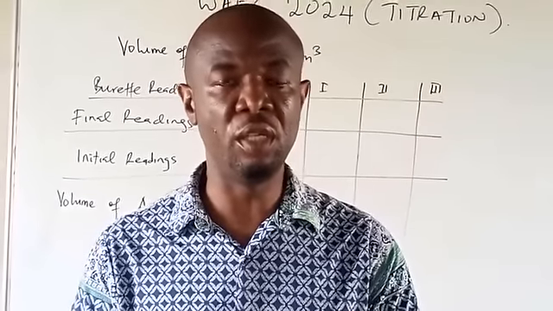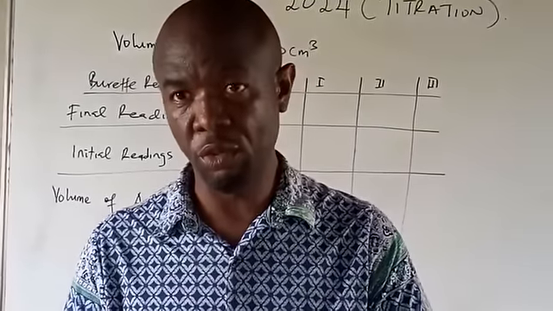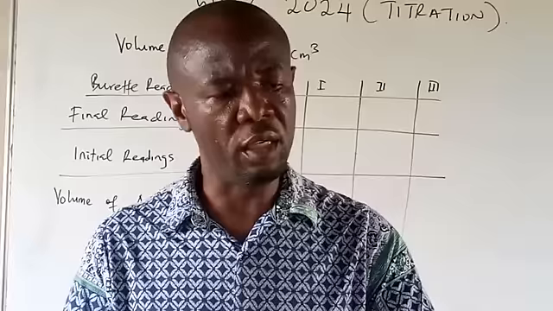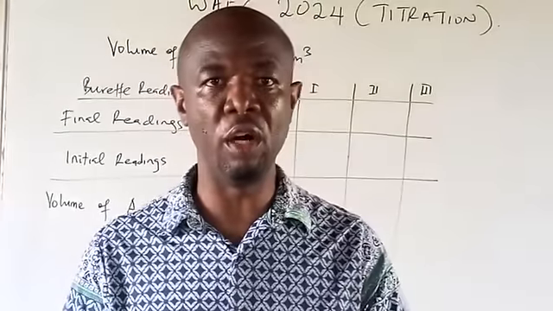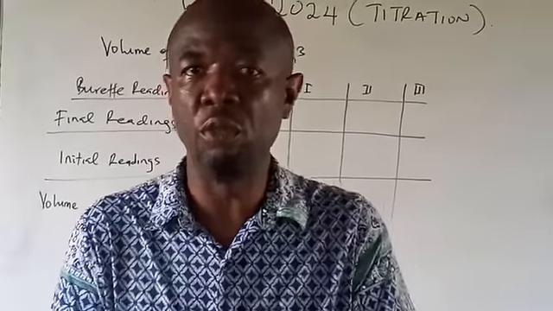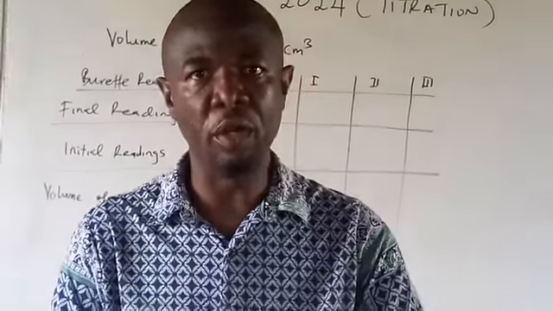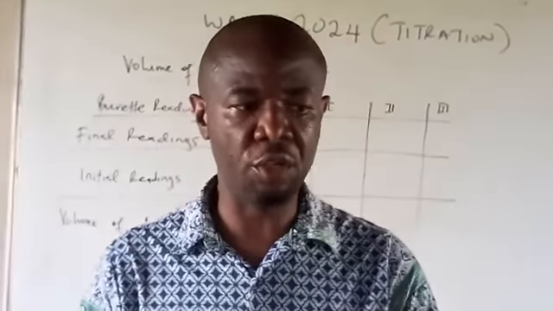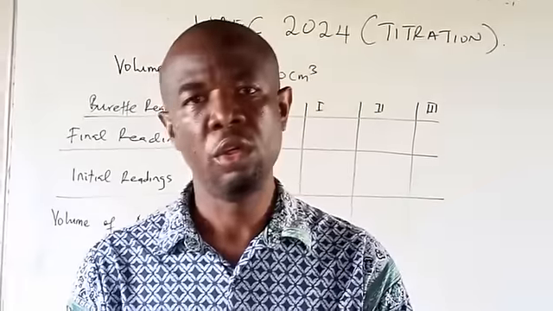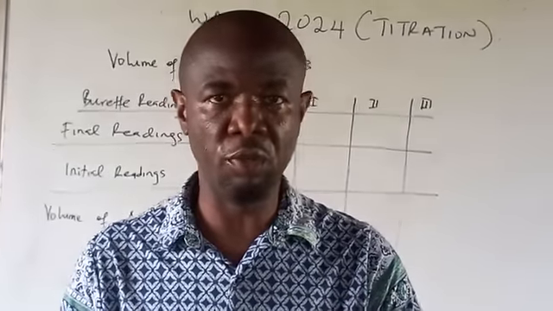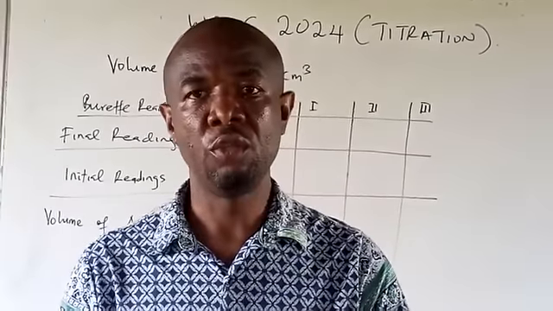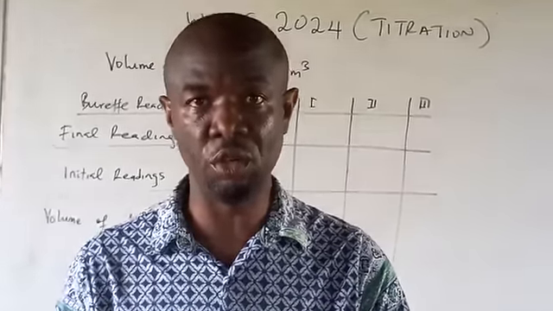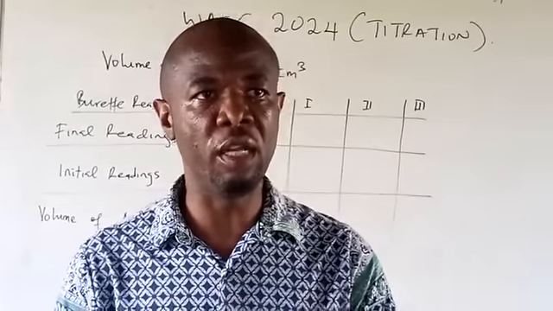This is a redox reaction we are going to perform, and the aim of this lesson is to have an estimated endpoint for the reaction. After that, we're going to run some calculations on some speculated questions for this May June WAEC 2024 examination.